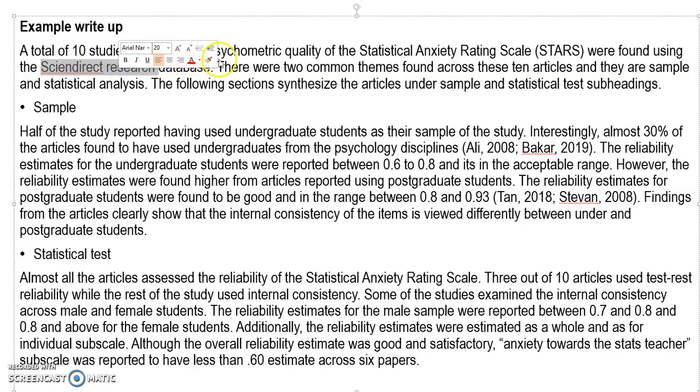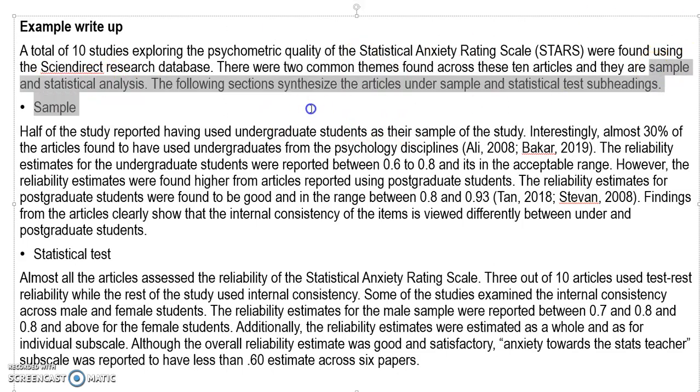And moving on from there, I'm explaining the themes that I found across the 10 articles, and they are sample and statistical analysis. And I'm guiding my readers with the second to last sentence, saying to read the following section to understand how I synthesize my articles.